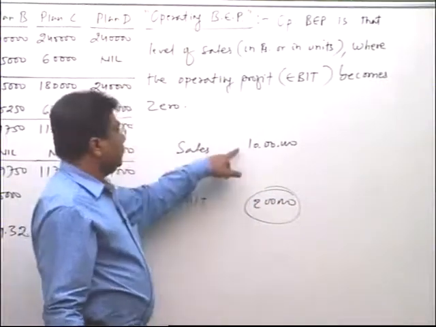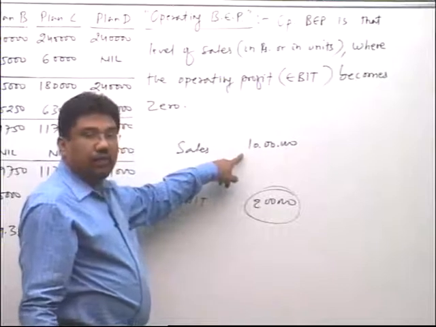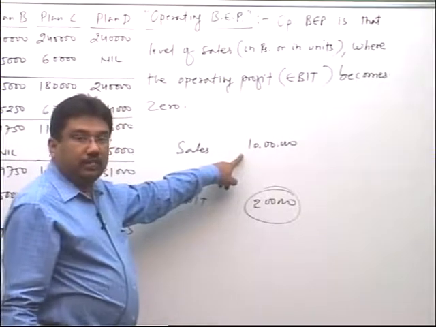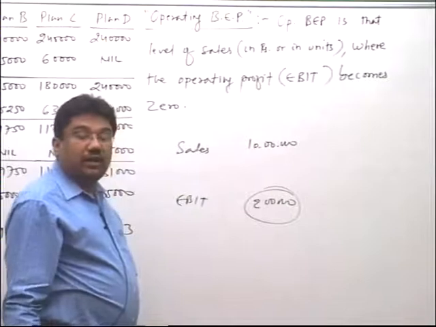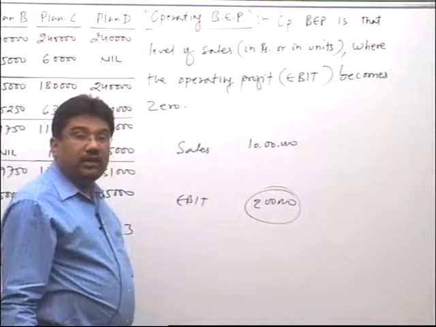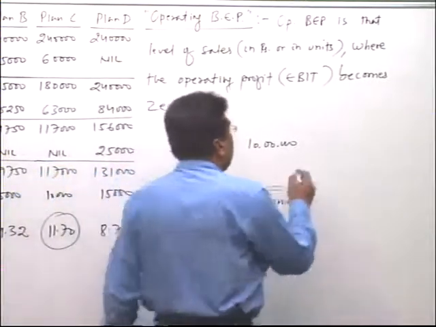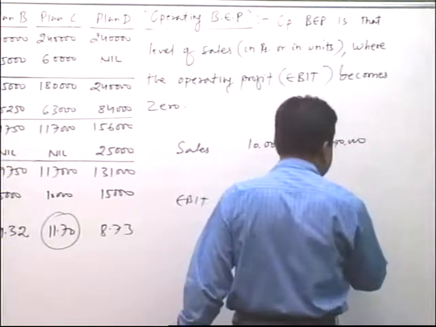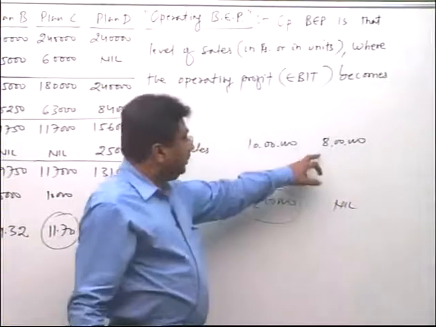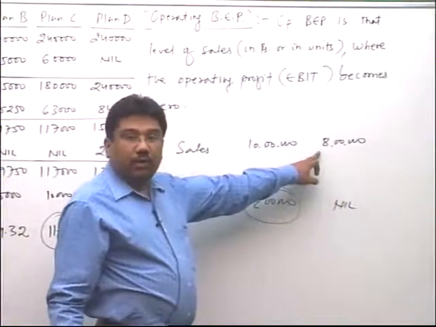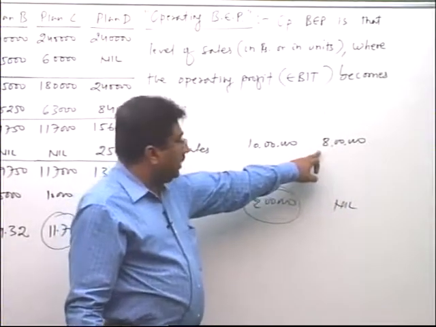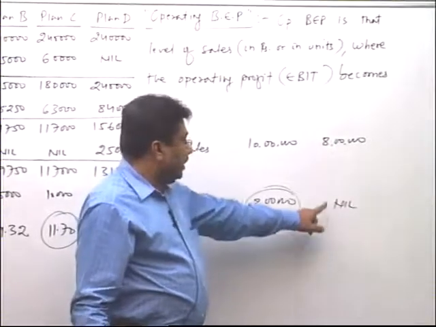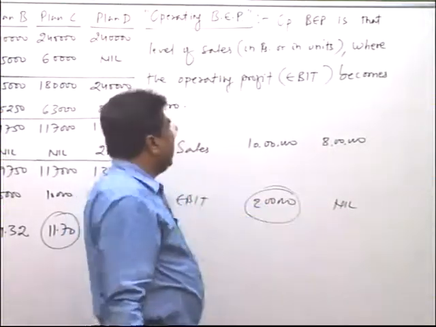It means this level of sales, that is 10 lakhs, is not my operating break-even point. So operating break-even point is that level of sales where the EBIT becomes 0. Now suppose I take a sales level of 8 lakh rupees and the EBIT becomes nil. Then I can say that 8 lakh rupees is my operating break-even point because at this level of sales my EBIT becomes 0.